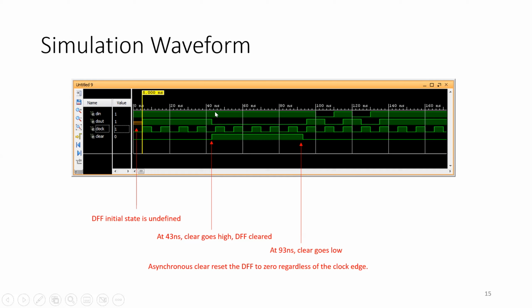My output is following the clock, is changing with the clock, but the input is high. So this will remain high. My output is high all the time because the input D is high and I have a clock. At 43 nanoseconds, my clear went high. So my output immediately went to 0.